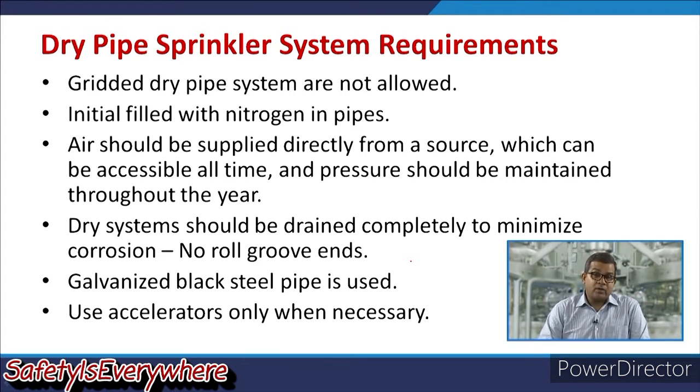A regular check of this pressure is always advisable. The dry system should be drained completely to minimize corrosion. No roll groove ends. Galvanized black steel pipe is used, and use an accelerator only when necessary. So these are the requirements for the dry pipe sprinkler system.